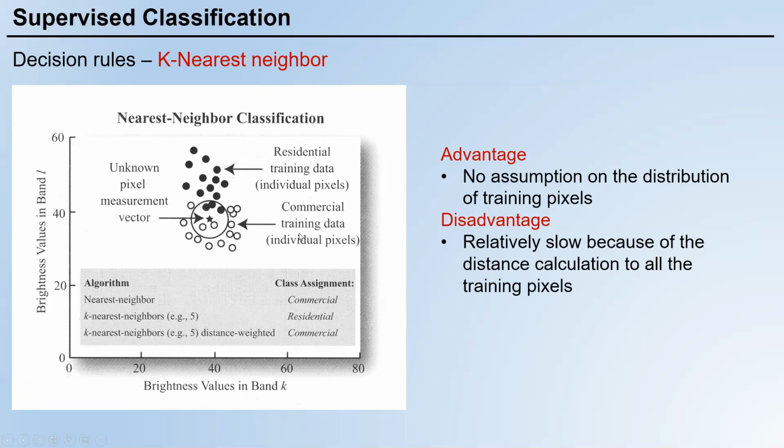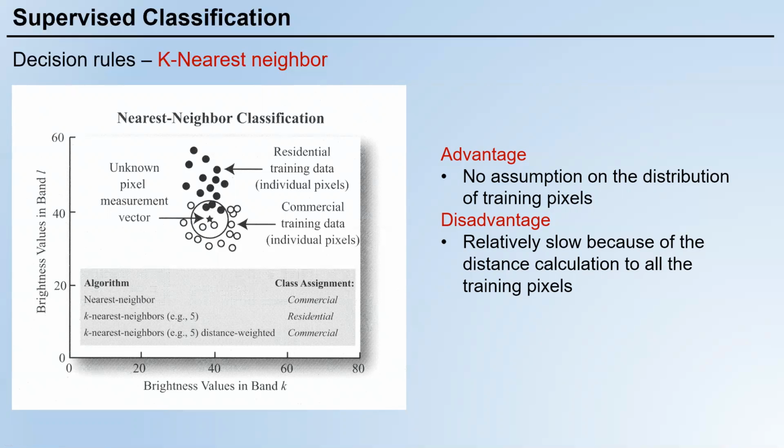And we have another method. Although we have 5 neighbors here, who is the nearest neighbor? This pixel, which belongs to commercial. If you say the nearest neighbor is part of commercial, so the candidate pixel should be commercial, you are actually carrying out nearest neighbor, because although 5 neighbors have been circled out, you're actually using the nearest one.